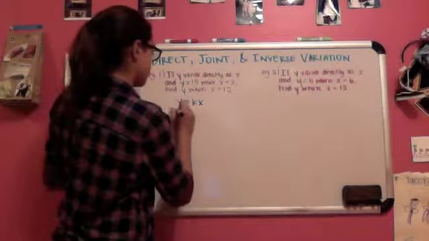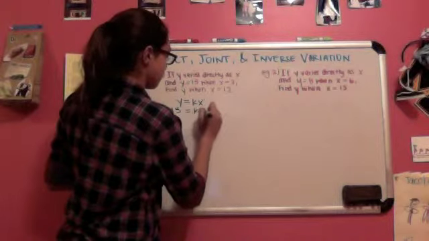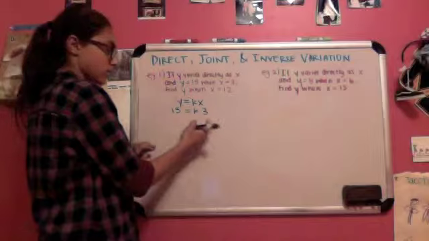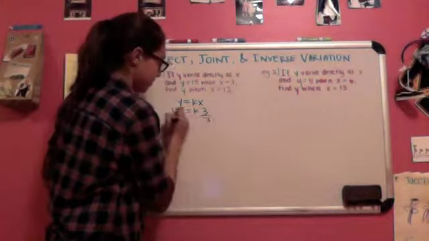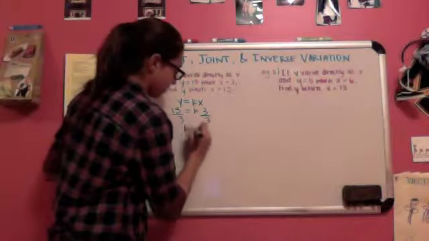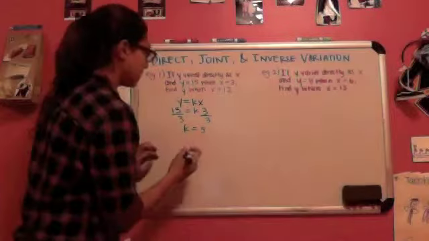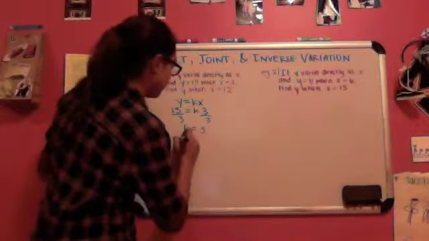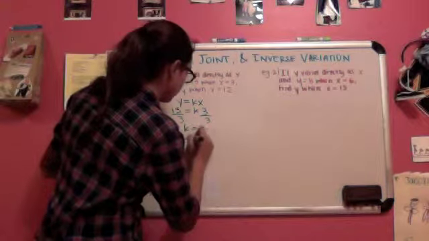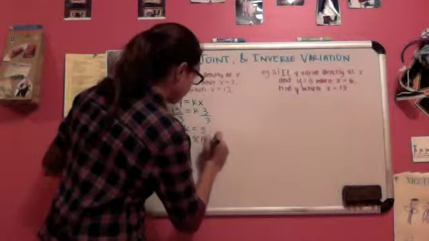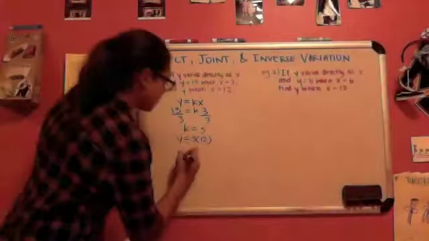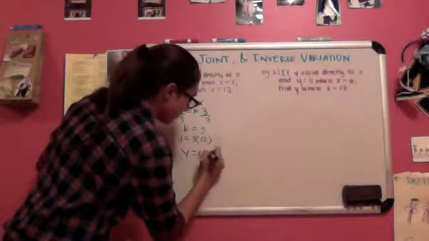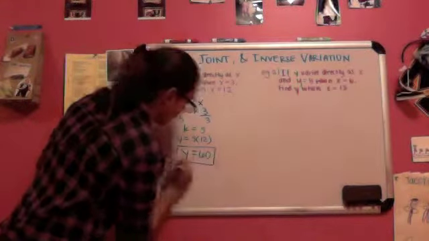So we have 15 equals k times 3, and now we solve for k, so we divide by 3 and get k equals 5. Then we plug the 5 back into the equation, and it would be y equals 5 times 12, because 12 was x. We solve, so y equals 60, and that's your final answer for this equation.